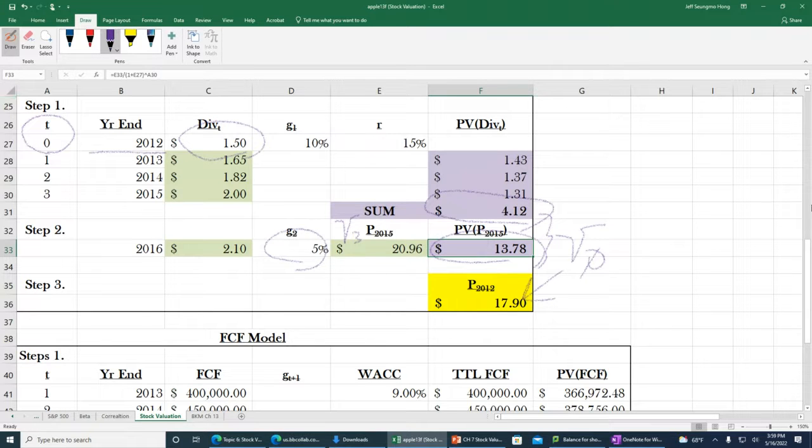This is basically the variable growth model. I mean, this is one type of example. There can be more complex examples, but really the problem is they have a creative way of generating problems.